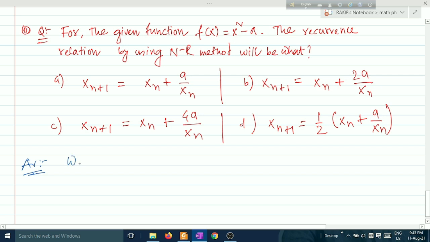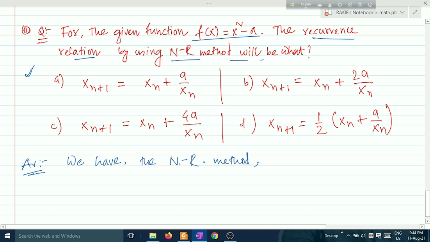We have the Newton-Raphson method. Read the question carefully. For the given function, the recurrence relation by using the Newton-Raphson method will be what? These are the given recurrence relations. You have to match them with the Newton-Raphson method.